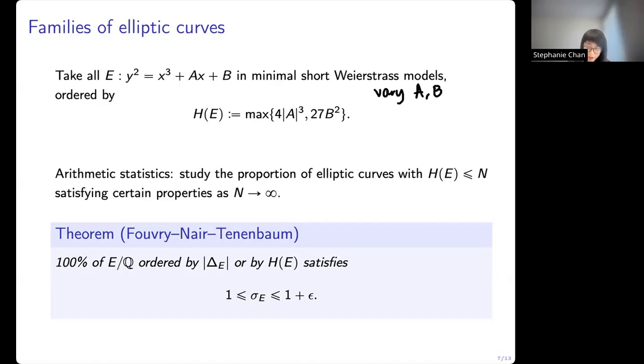The exception set here depends on the epsilon, but the proportion tends to 0 as the parameter n tends to infinity.